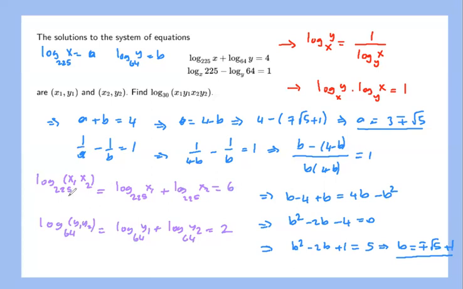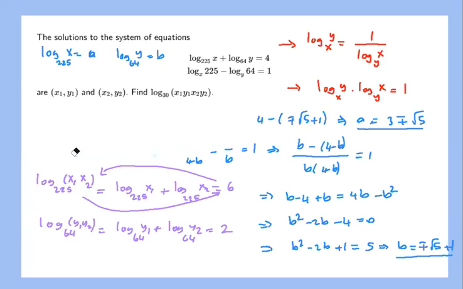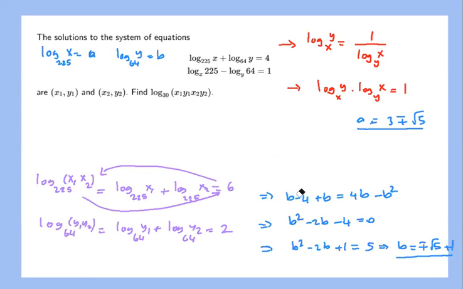So if you take 225 to the 6th power, you will get the product of those two, x1 and x2. And the same thing with the second function. So let's do that in a cleaner area. Let me clear this piece.